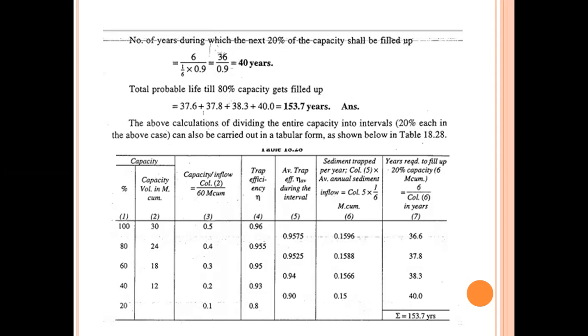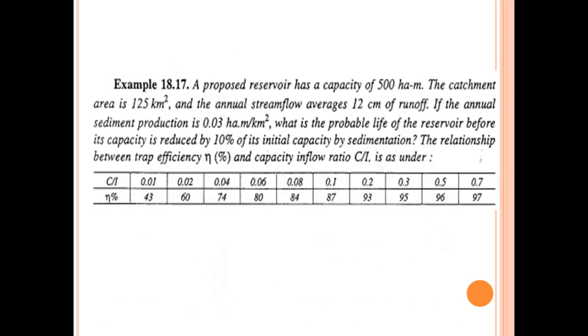The value is 37.6. 6 by 0.1588. The value is 37.8. 6 by 0.1566. The value is 38.3. Like that. So finally, we obtain 153.7 years. So it is the calculation of the reservoir lifetime.